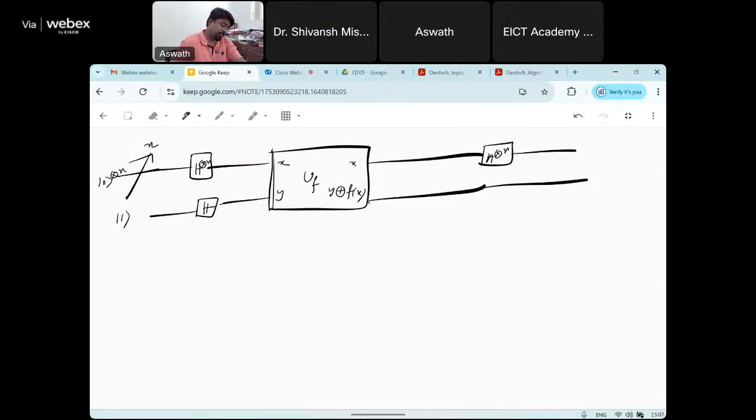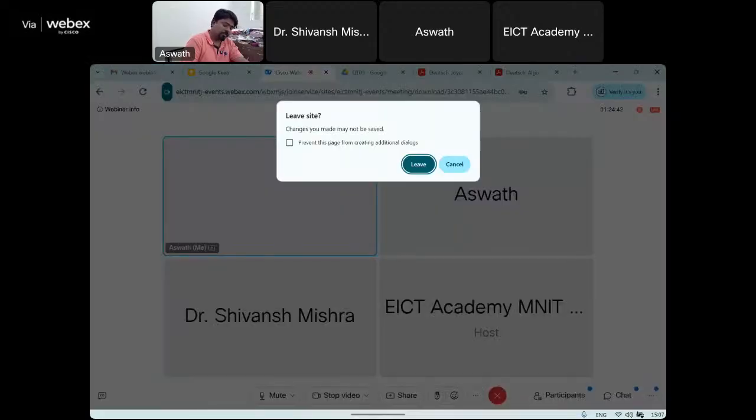Right, so this is the circuit. Let me write down what psi 0 is. Psi 0, or psi input, is |0>^n tensor |1>.